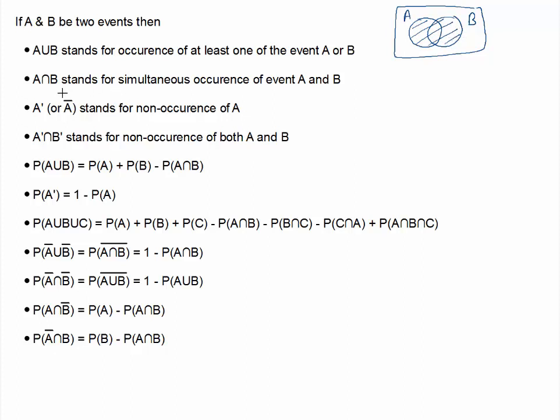Now next is A intersection B. It stands for simultaneous occurrence of events A and B. So A intersection B is this part where A and B both occur simultaneously.